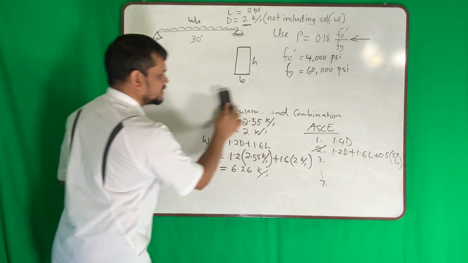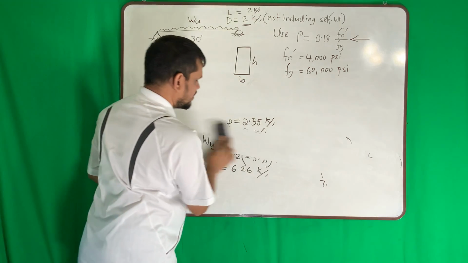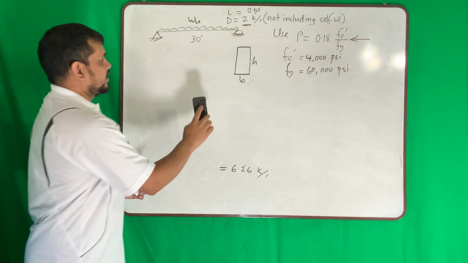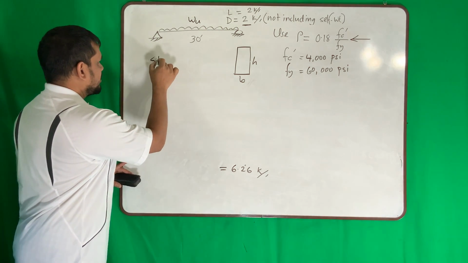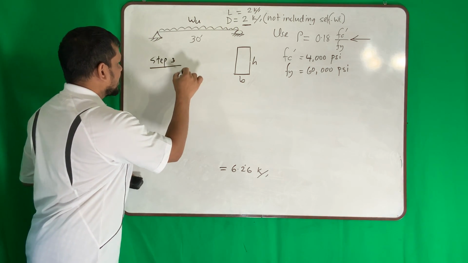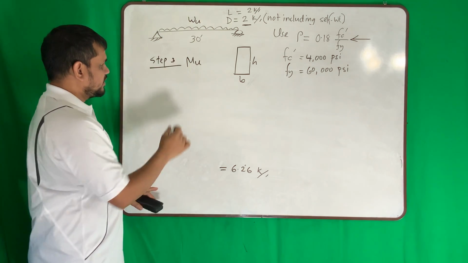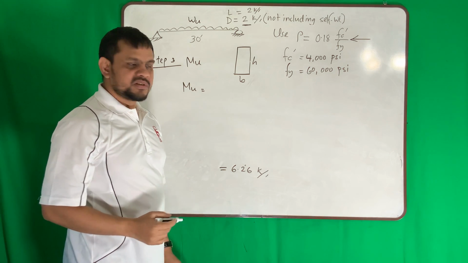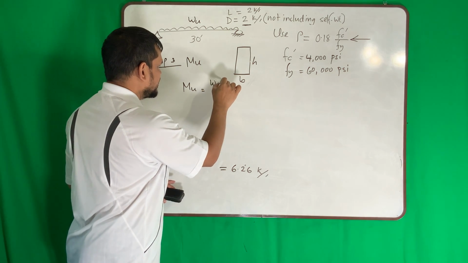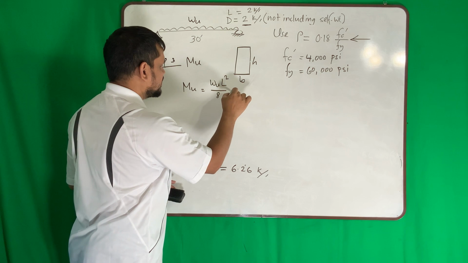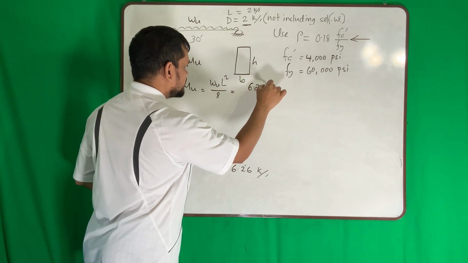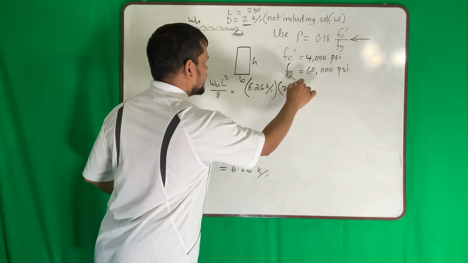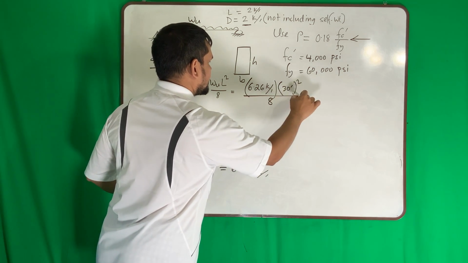Once you find the load, we have to find the moment. Okay, yes. So step number 3, calculate your moment. So what is your moment? For uniformly distributed load, the moment is calculated as wL squared over 8. So w is 6.26 kip per feet, L squared is 30 feet squared, and 8.